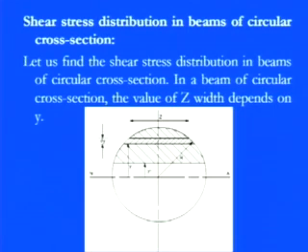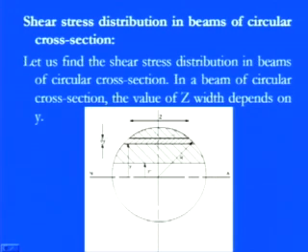So, let us find the shear stress distribution in beams which have a circular cross section. In a beam of circular cross section, again the value of Z depends on the variation, as you can see in the diagram, because we are concerned with this particular strip. For this strip, Z is at a distance y from the neutral axis.